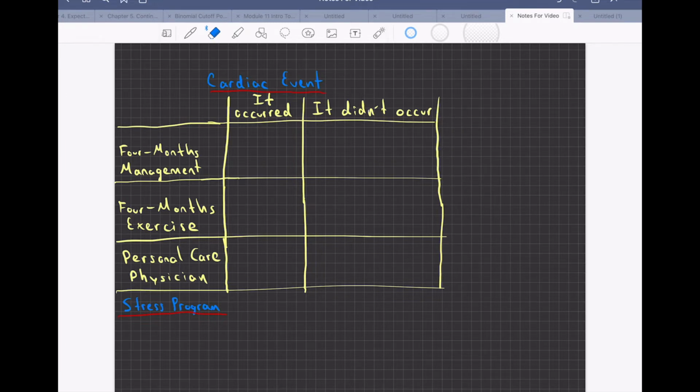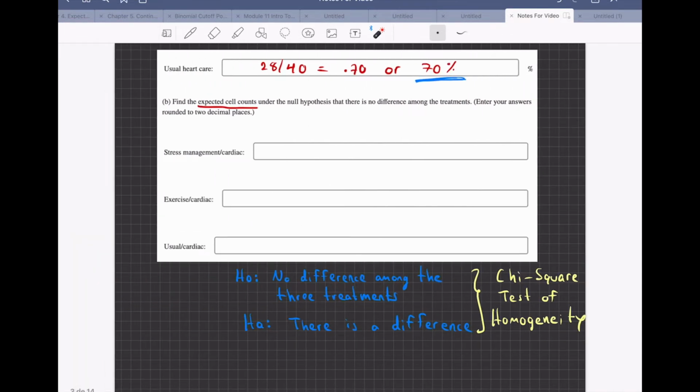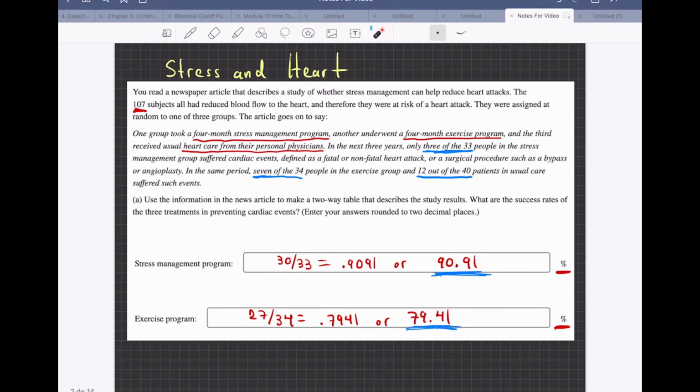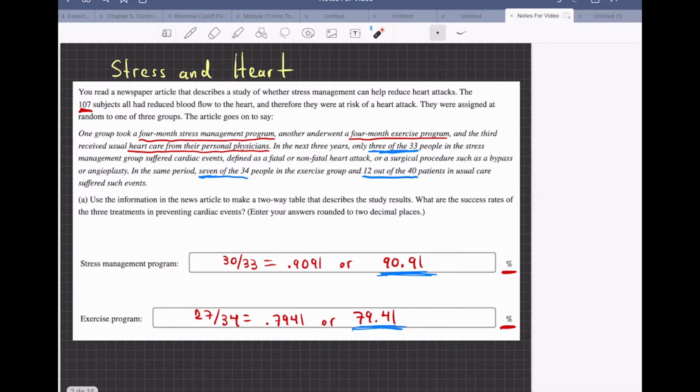But how? It's simple. For example, for the 4 months stress management, how many cardiac events occurred? 3 out of 33, but don't put out of 33, only put 3.